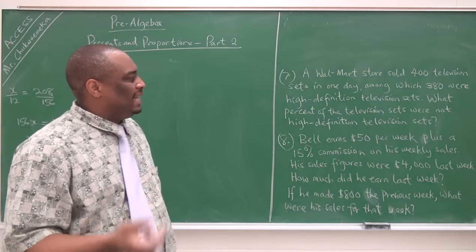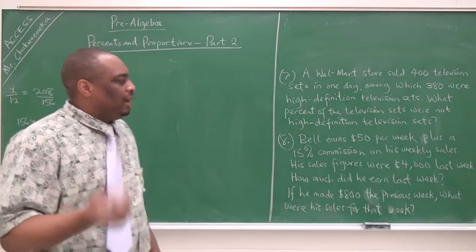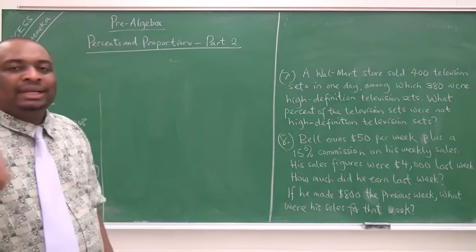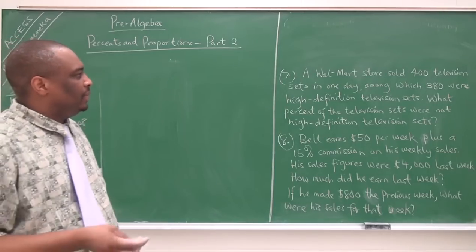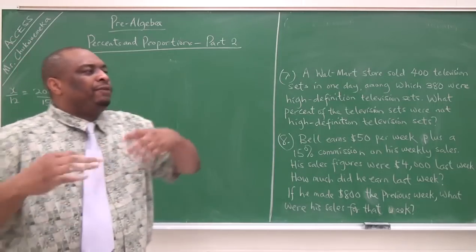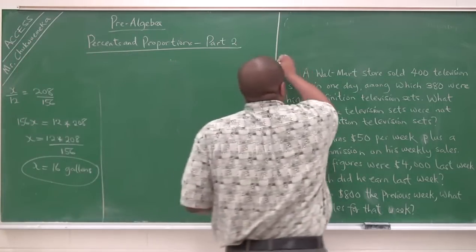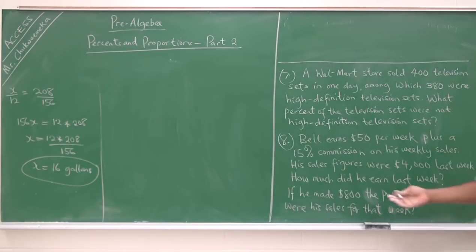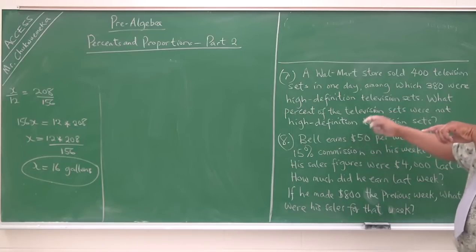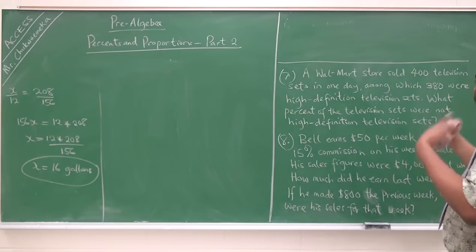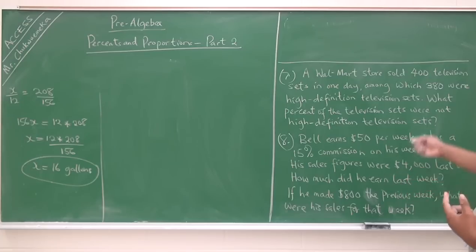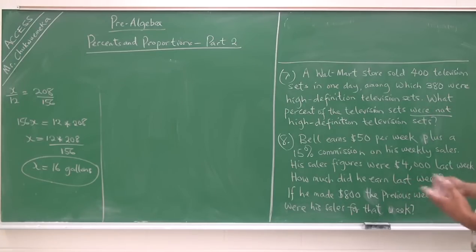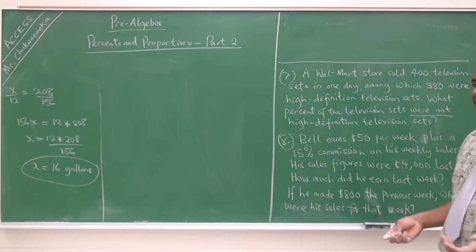What percent of the television sets were not high-definition television sets? So, first of all, how are you going to word this question? We are back to percent here. The question says, what percent of the television sets were not high definition television sets.